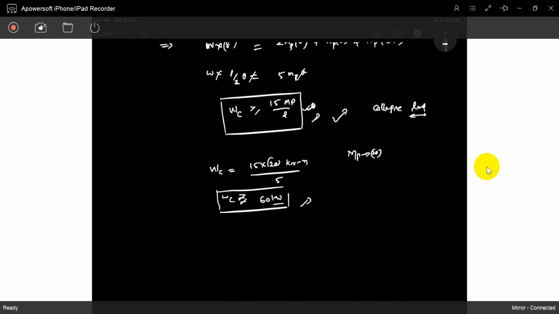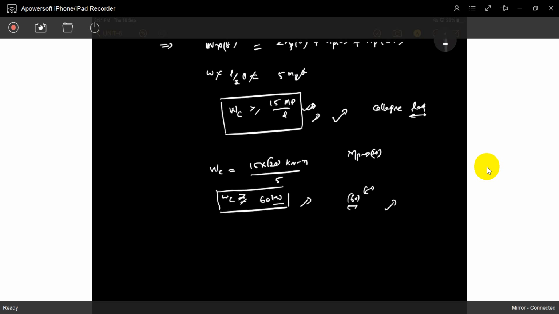So we can allow the load only up to 60. We will design that structure, or we allow the load on the structure below 60 only. That's it, man. That's enough.